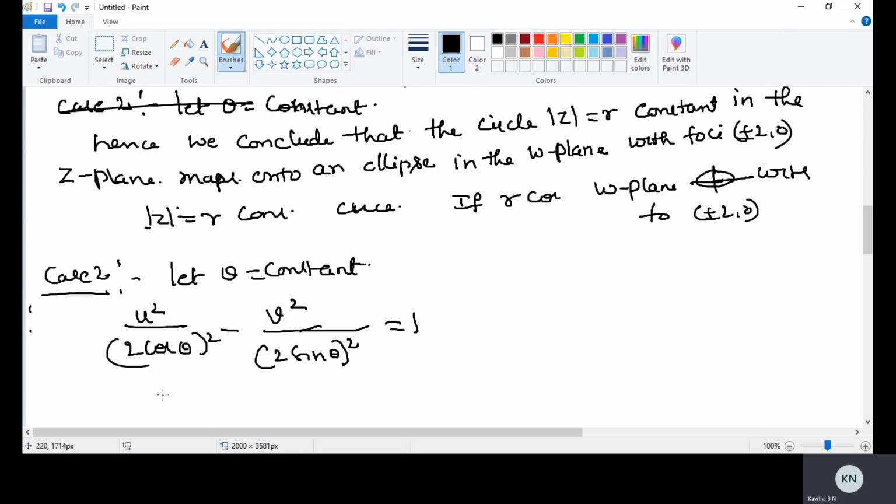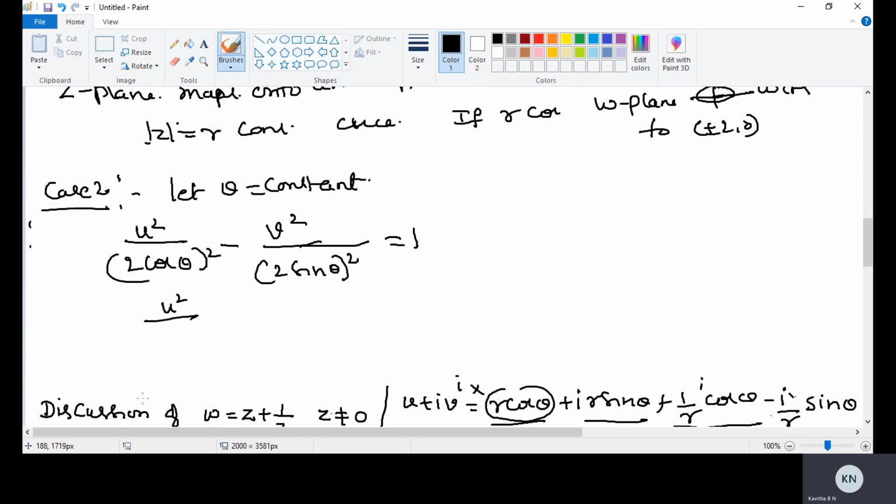If theta is a constant, what will happen? u square by a square minus v square by b square is equal to 1, where a is equal to 2 cos theta and b is equal to 2 sin theta.